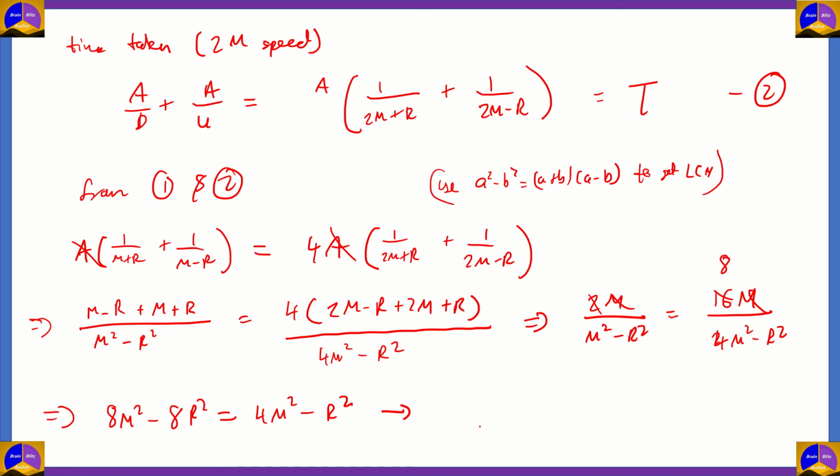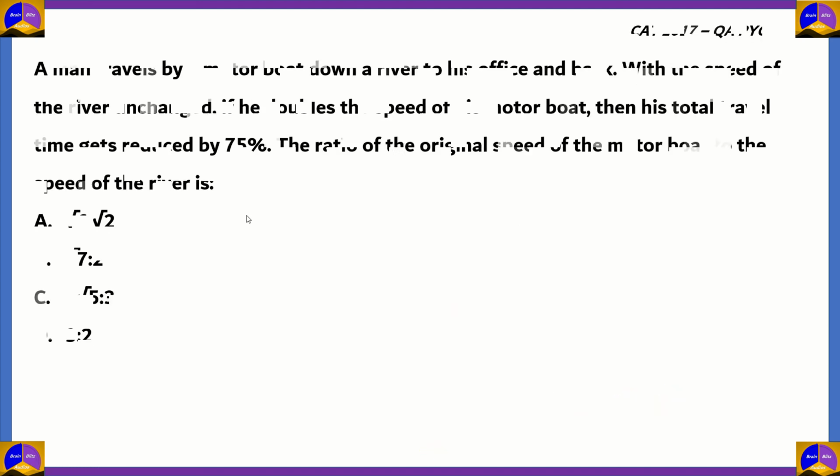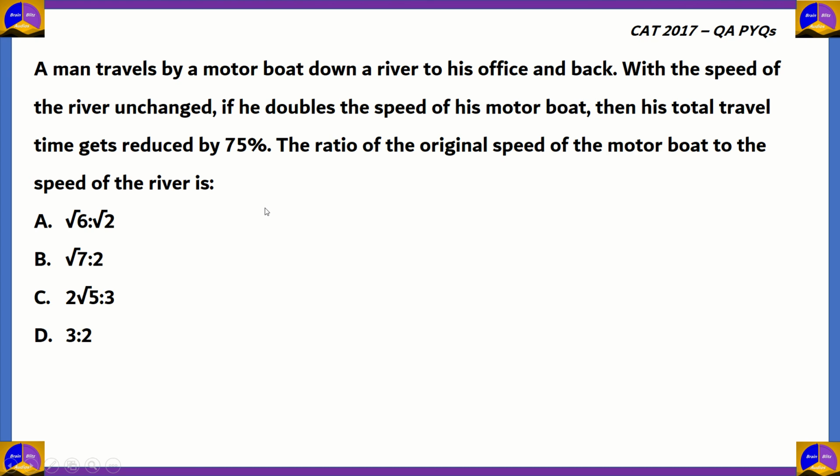So when we rearrange the terms, what we get is 8m squared minus 4m squared equals 8r squared minus r squared. So therefore, we're just going to rewrite that here so we can solve the rest of it. 8m squared minus 4m squared equals 8r squared minus r squared.